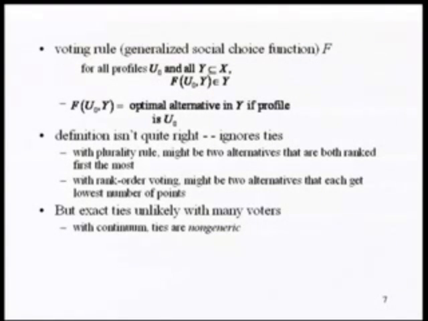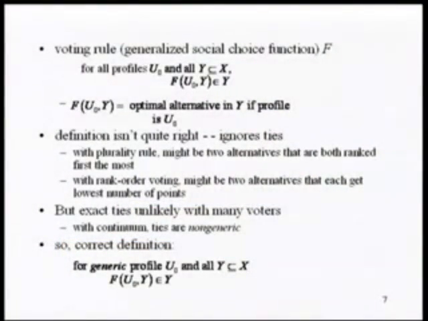And that is the reason for using the continuum, so that we can get rid of exact ties. Another common way that this is done in the voting literature is to assume an odd number of voters, so that you don't have an exact split of the voting population. I've always found that to be a much more awkward way of handling the problem of ties. This, to us, seems more natural.